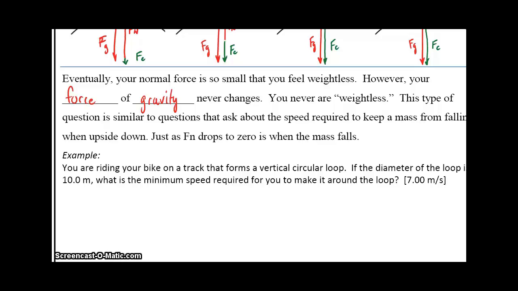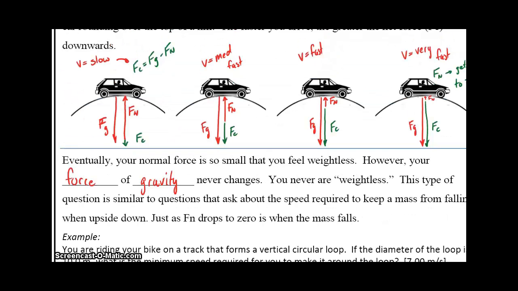Just as an interesting side note, this idea of a car rounding a curve at high speed is actually how, I don't know if they still do it, but they used to test astronauts for weightlessness. They would get into a large jet, maybe even a 747, go up kind of high, and the plane would go really fast and enter into an arc like this.